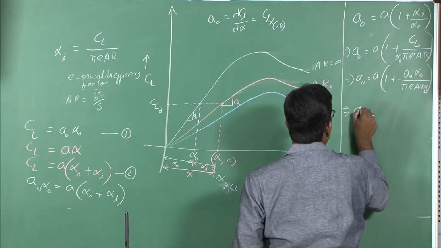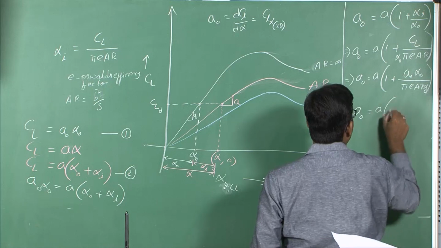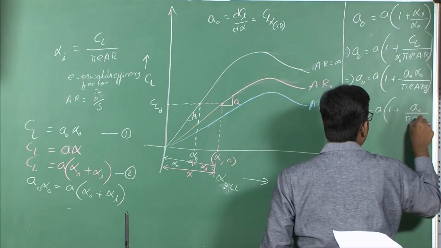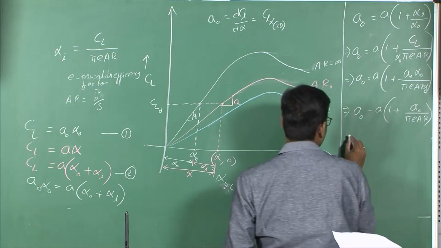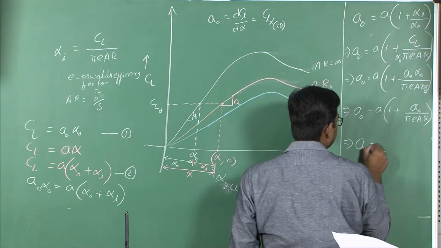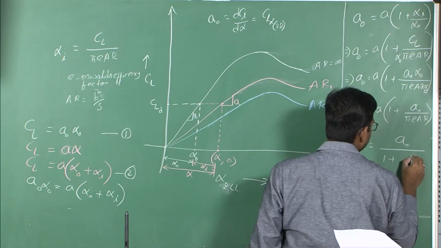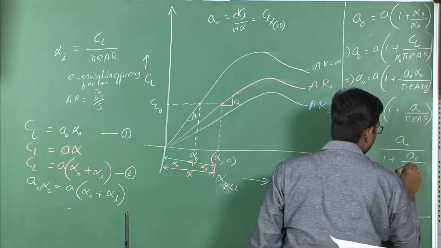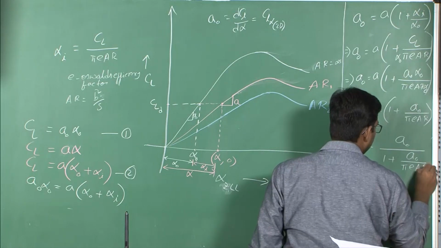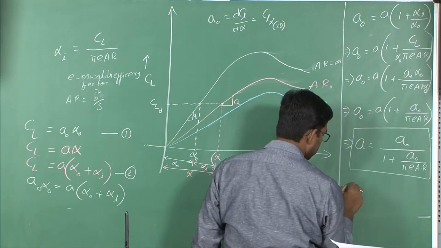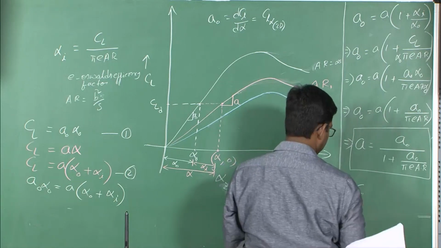This implies a0 is equal to a into (1 plus a0 by pi AR), so a is equal to a0 by (1 plus a0 by pi e AR), which is Cl alpha.